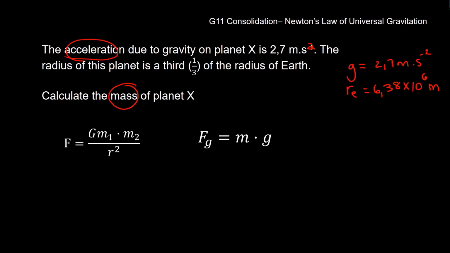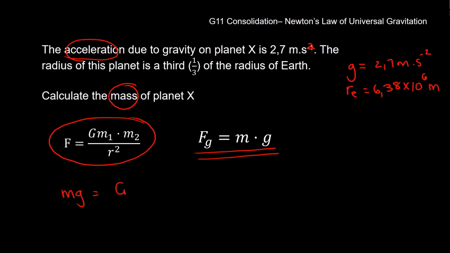What else do we know? We do know that we have this formula from Newton about universal gravitation. And we also know from his second law that Fg is equal to mass times gravitational acceleration. So if we substitute that in, so mg is equal to the constant, mass 1, mass 2, divided by r squared, we can see that we can cancel out that mass.